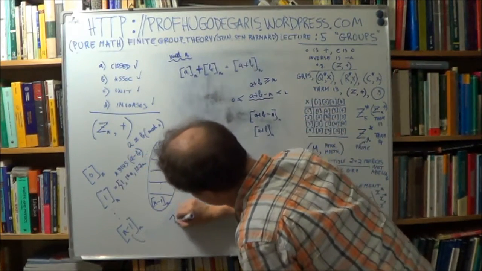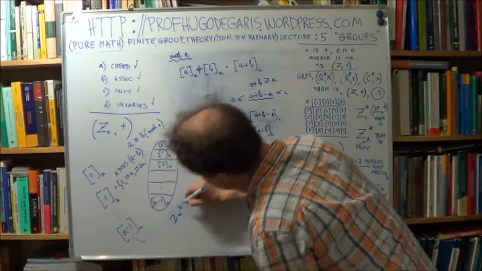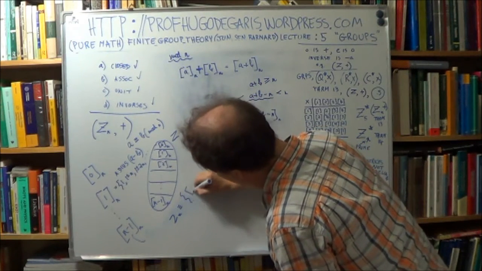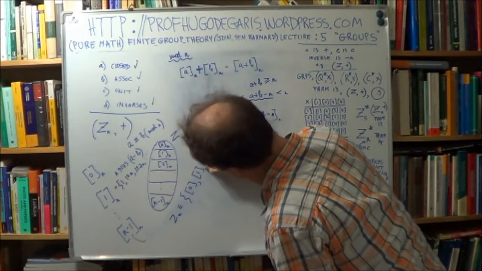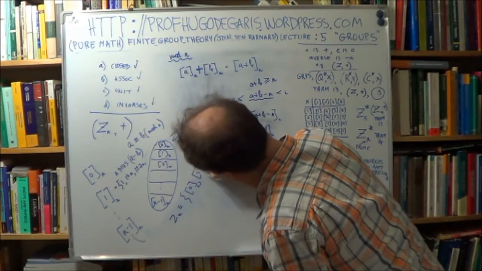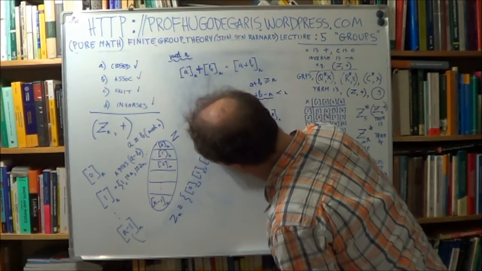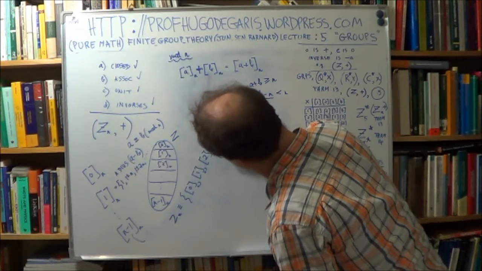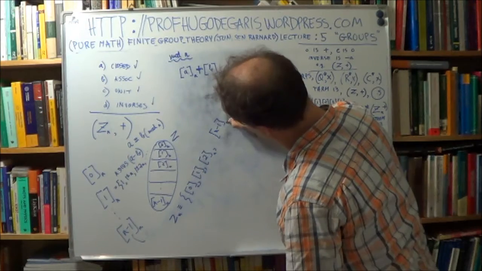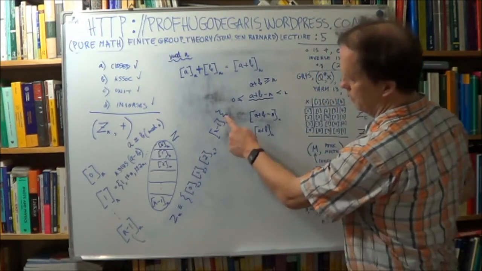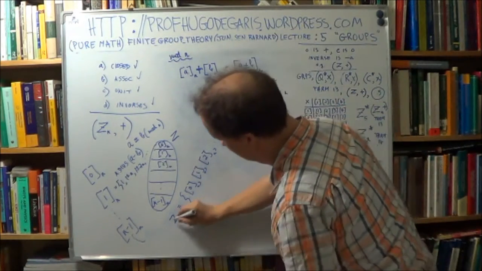So I'll write that out explicitly. Zn is defined as this. That's your Zn. That's how it's defined.